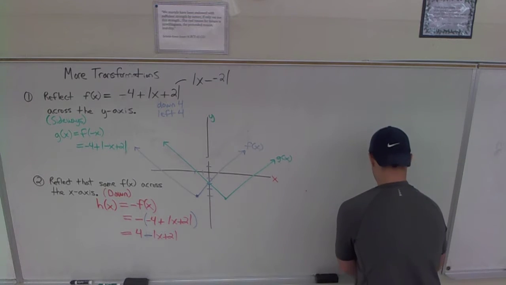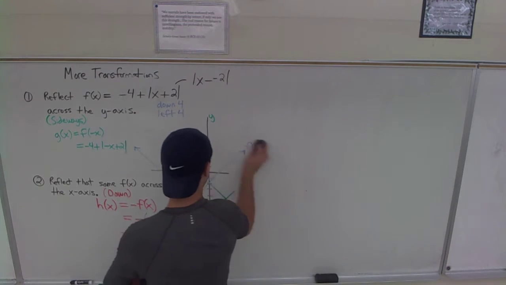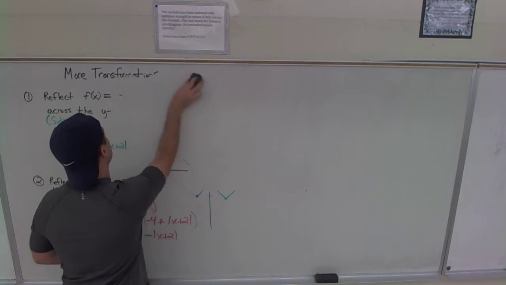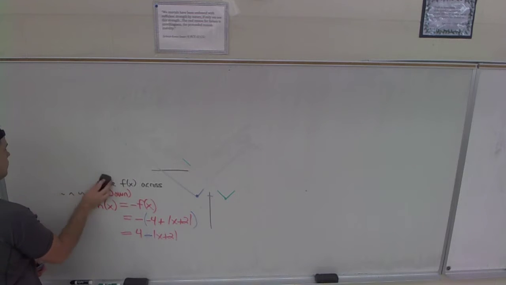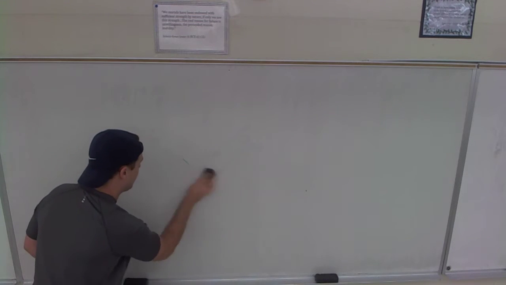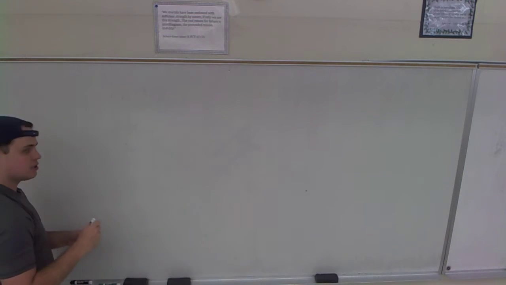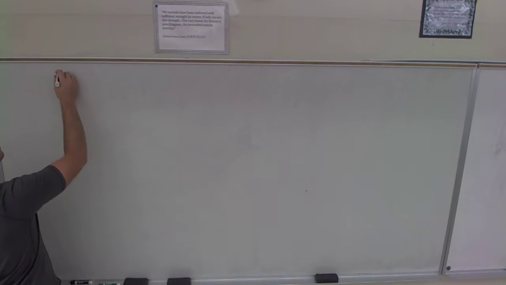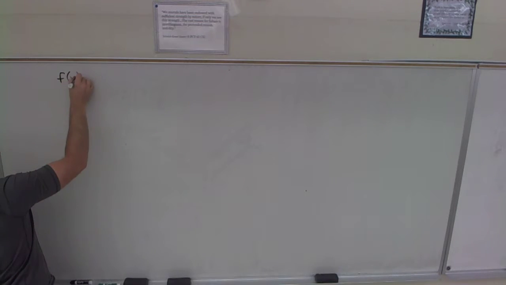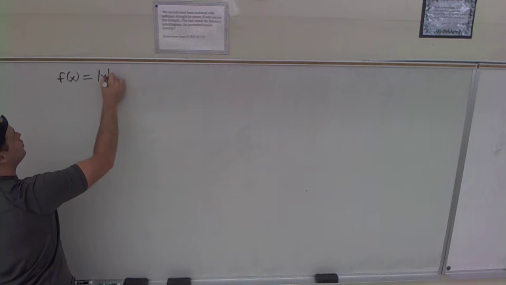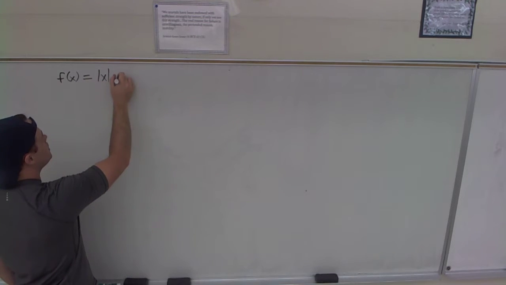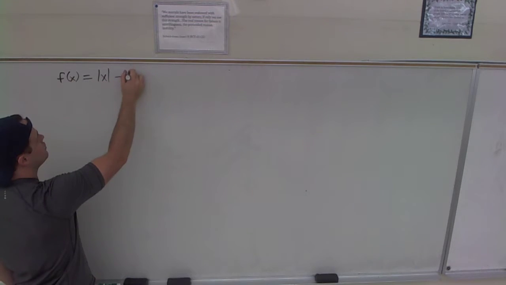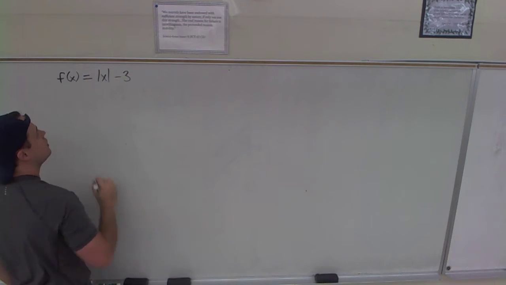So let's get these guys out of the way and look at a new function. So first, let's take the function f of x, I don't know, let's do a simple absolute value, shifted down by 3.